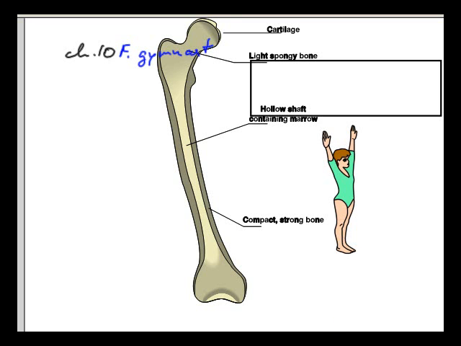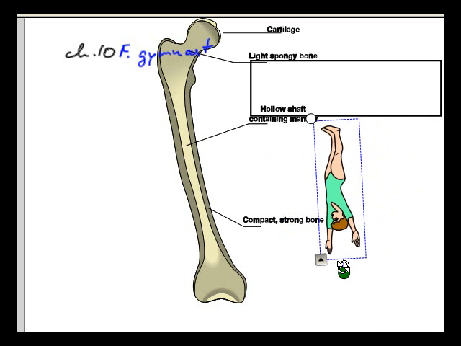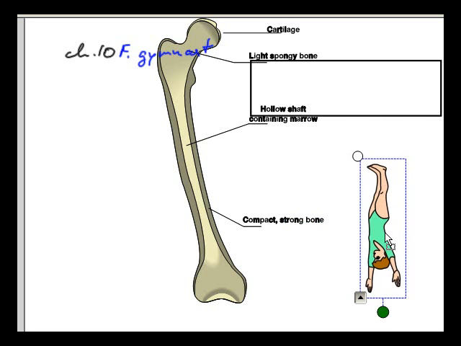Okay, so we have a gymnast who is supposed to make a handstand on one arm. And then this here would be the bone. I realize that this is a femur, but it shows me that it's hollow inside, and therefore the part that has to withstand the stress is this part here, kind of like a tube around it.